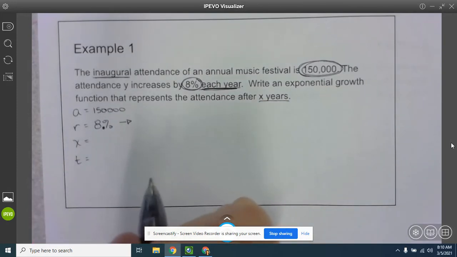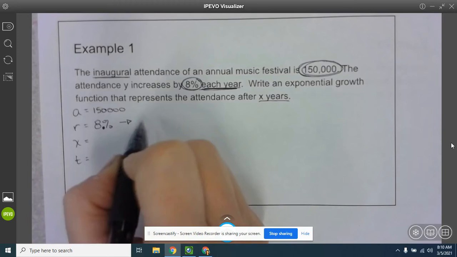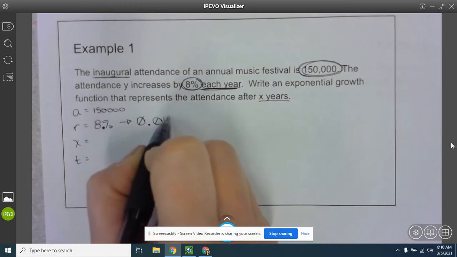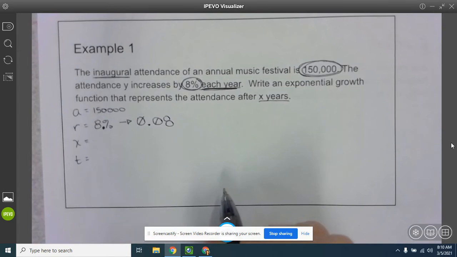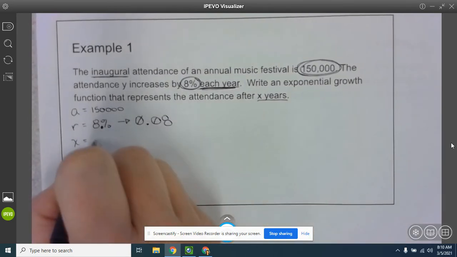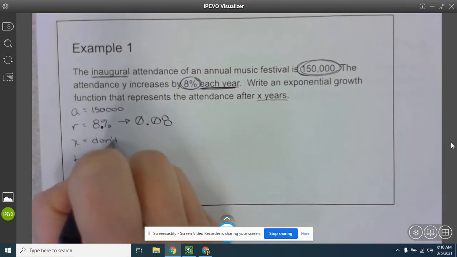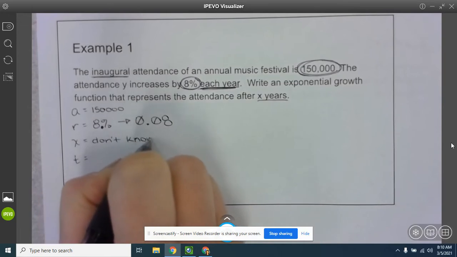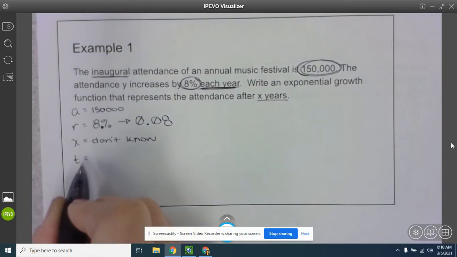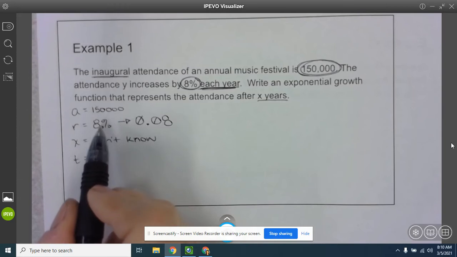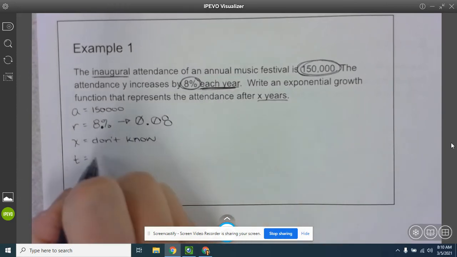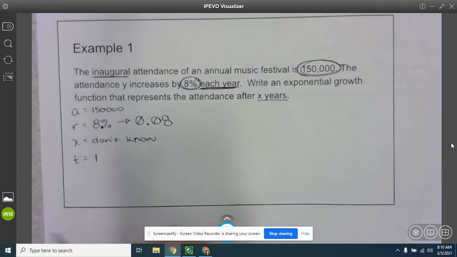It's 8.0. 2 spaces to the left. So that will be 0.08. X is the thing that we don't know. And T is how often this 8% happens. Well, it says it happens every year, so T is just 1.